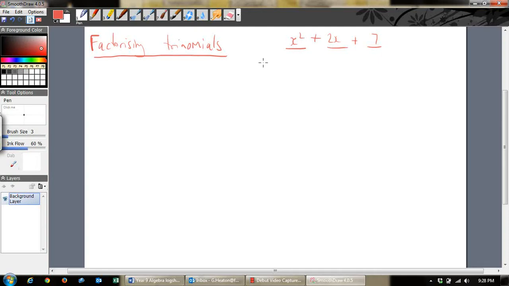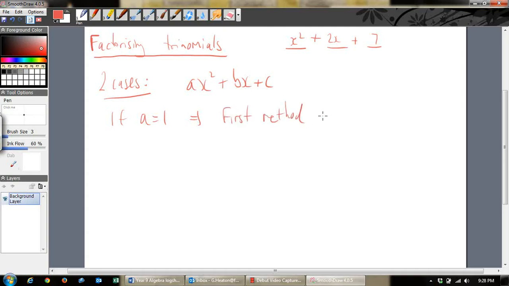Okay, and what we're doing today is we'll just look at two cases. If we're trying to factorize ax squared plus bx plus c, then if a is equal to 1, we're going to do our first method of factorising.